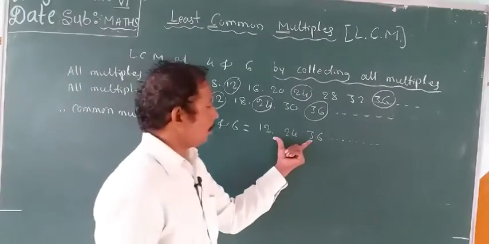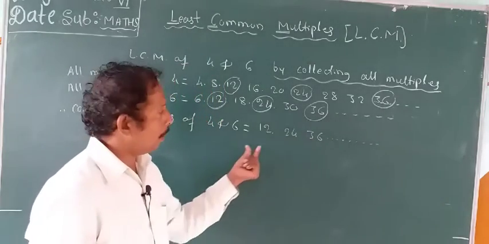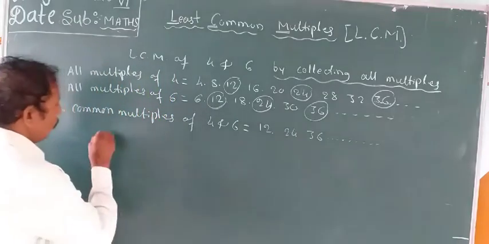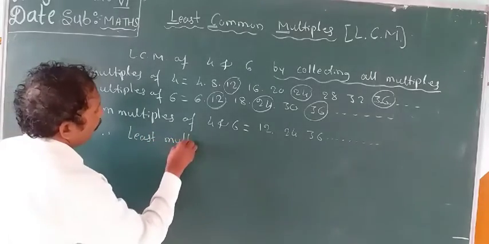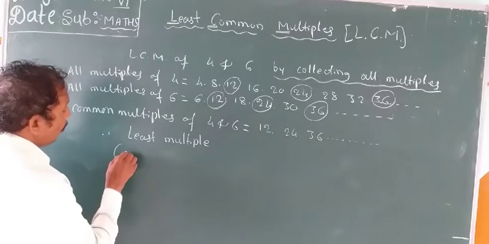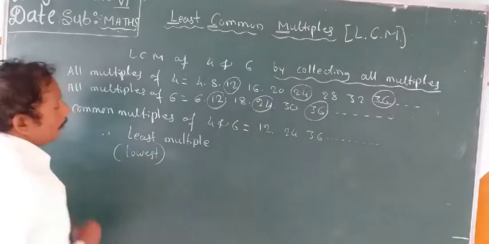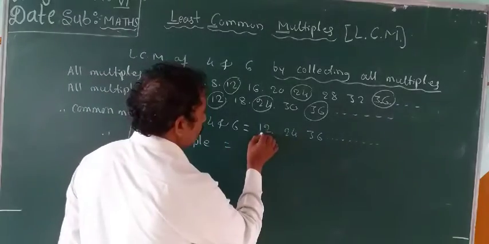Now in all these common multiples, take the least multiple. Least means lowest, smallest. In all these common multiples, 12 is the lowest.